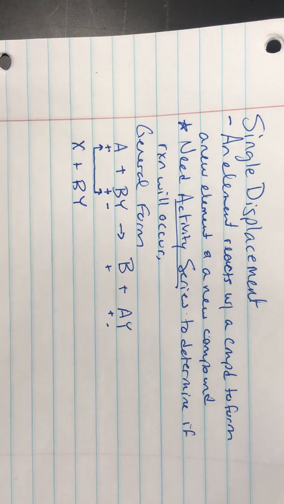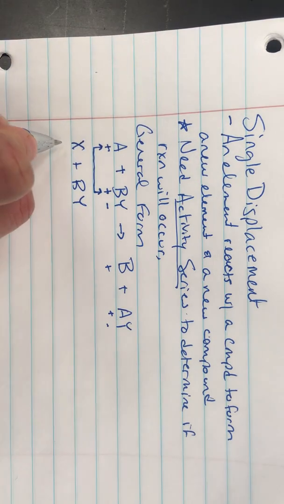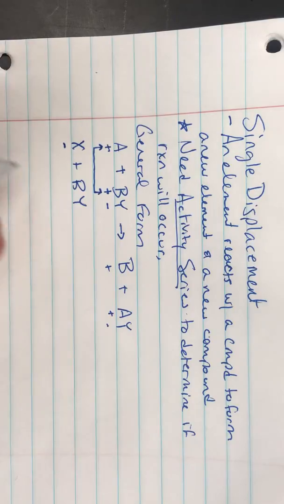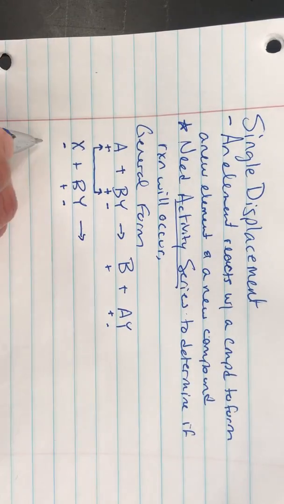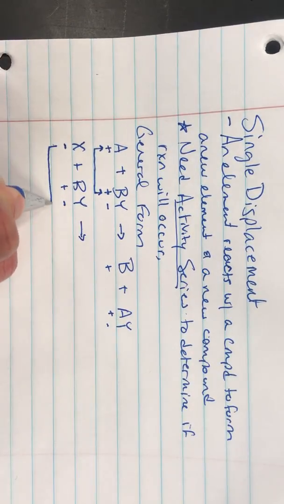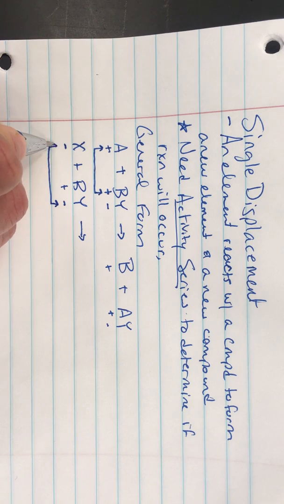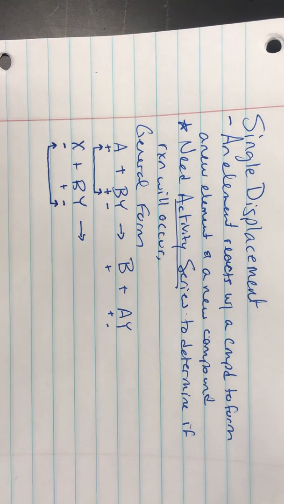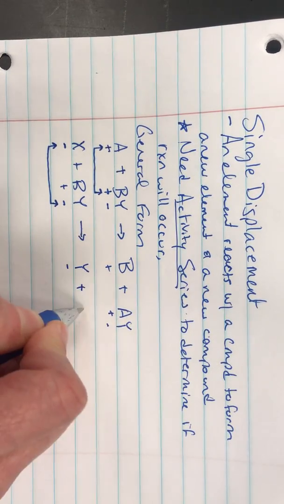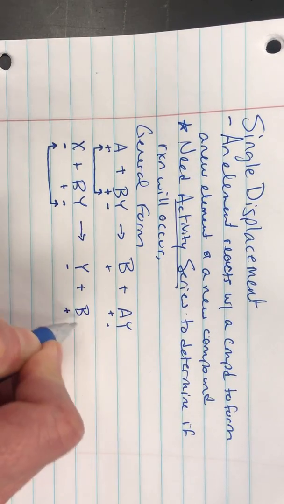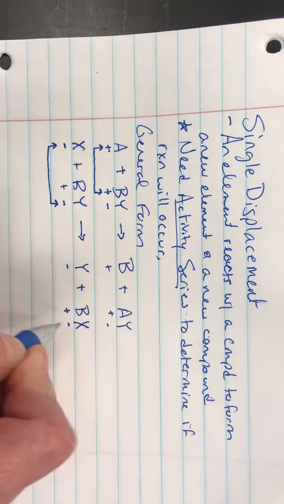This time, guess what the charge of my X is? That's right, it's going to be the anion, and then of course my compound. This time around, what would switch places is the like charges depending upon the activity series. So what you would look at is switching just the negative anions. So that means that Y would get kicked out, and then it would be B, the cation, with the X.